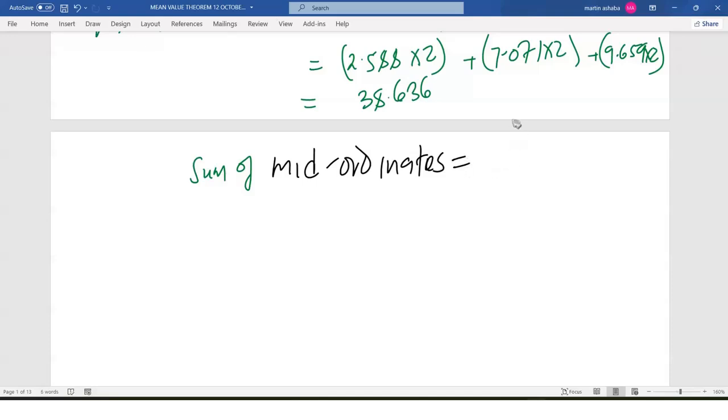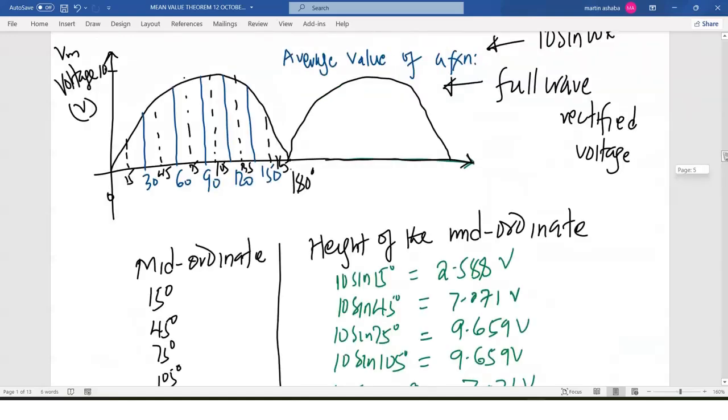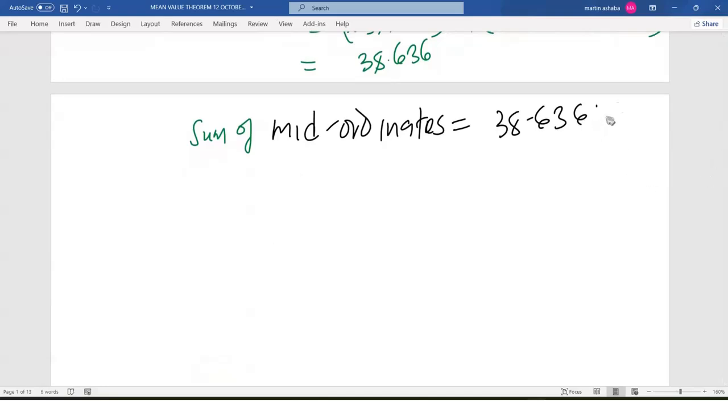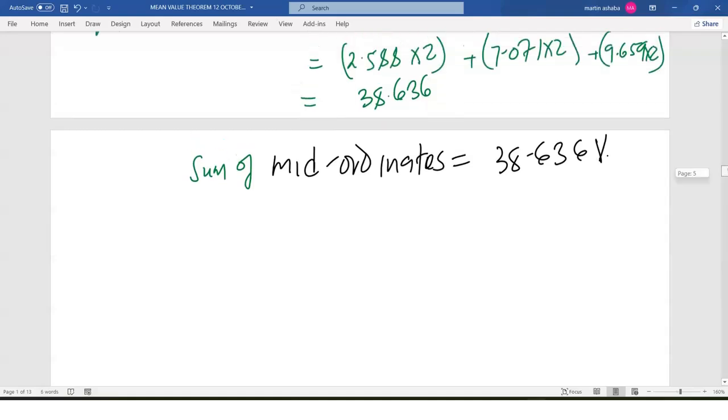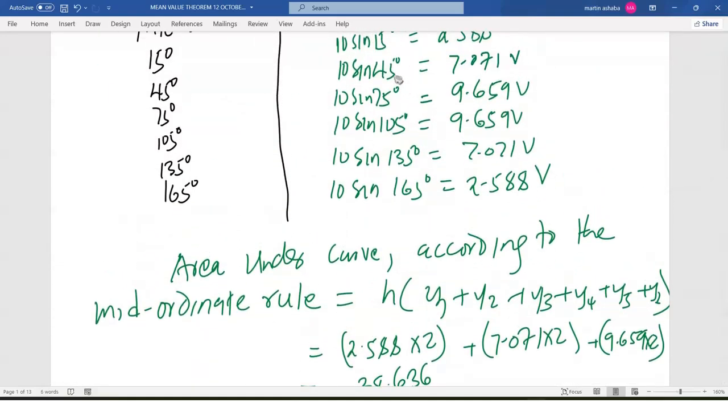This is giving us 38.636. Obviously this is in volts, either degrees or radians. But remember, here we used degrees.